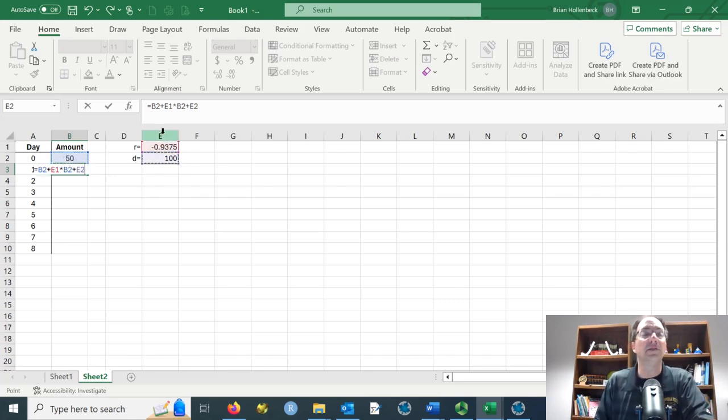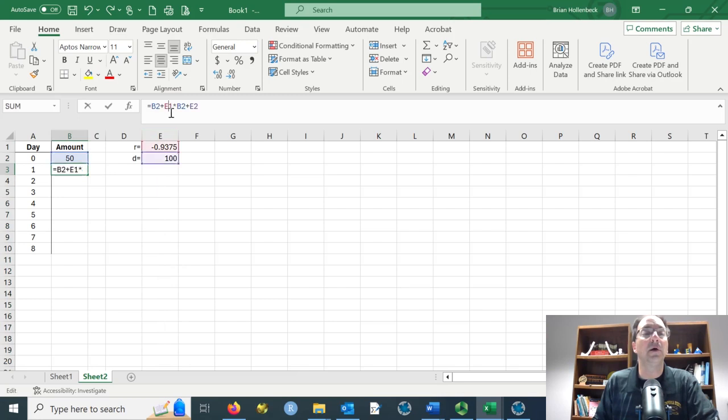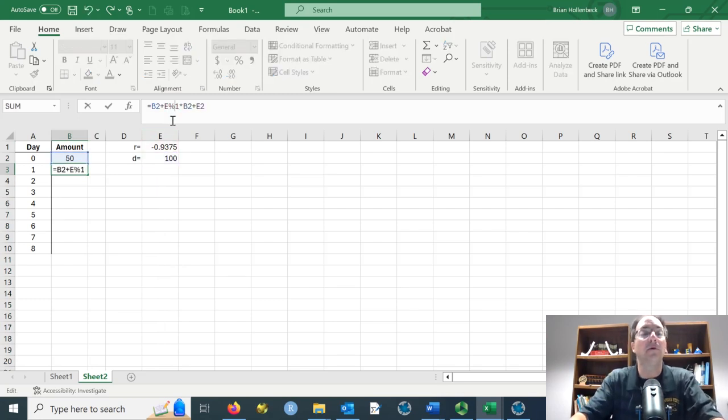So this is giving us the amount in our system after we have taken the pill.